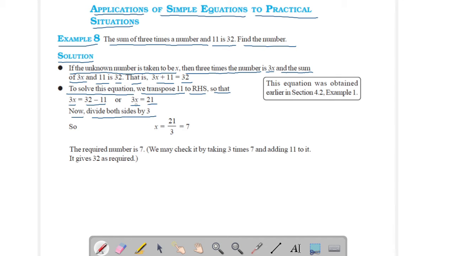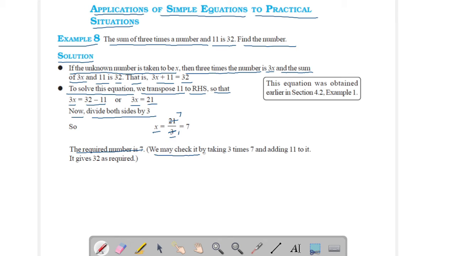You will get 3x upon 3. Here 3 will be cancelled by 3. x is left. The x is equal to 21 upon 3. If you simplify it, cancel 21 by 3: 3 ones are 3, 3 sevens are 21. The x is equal to 7. The required number is 7.